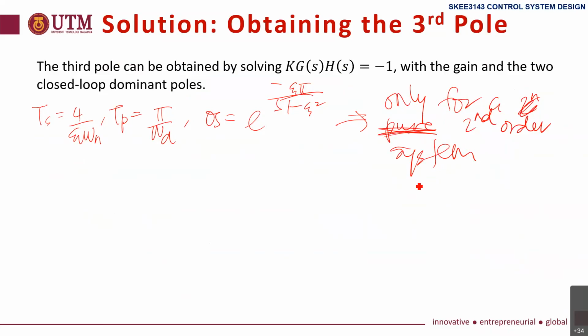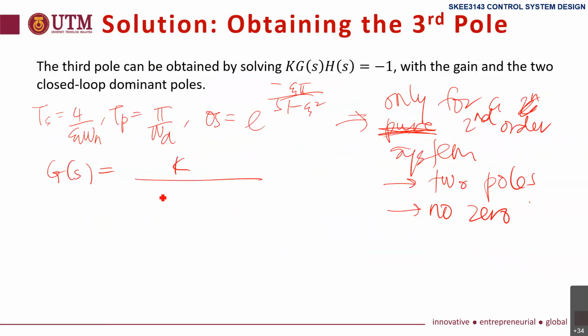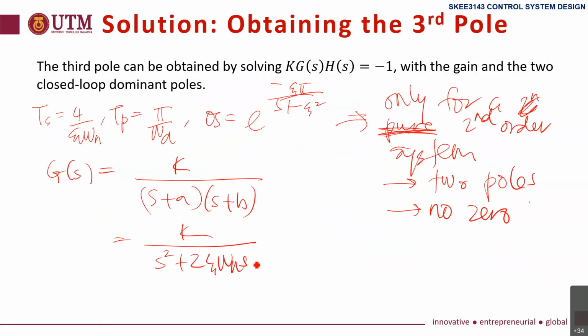Pure meaning here is two poles, second order, that means the denominator's highest order is 2, and there is no zero. It must be something like K over (S plus A)(S plus B), or S squared plus 2 zeta omega n S plus omega n squared.